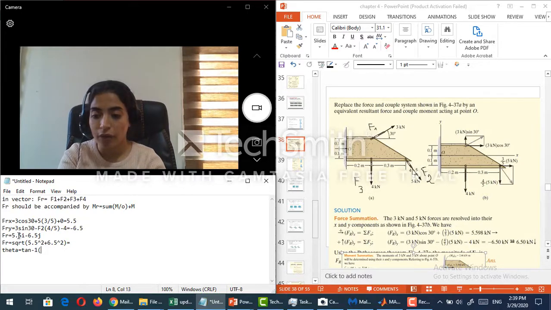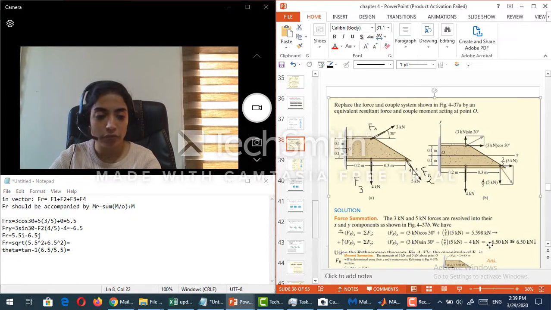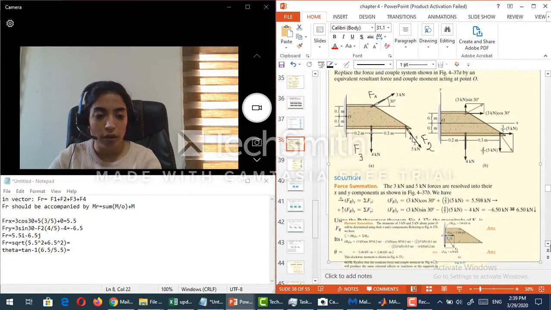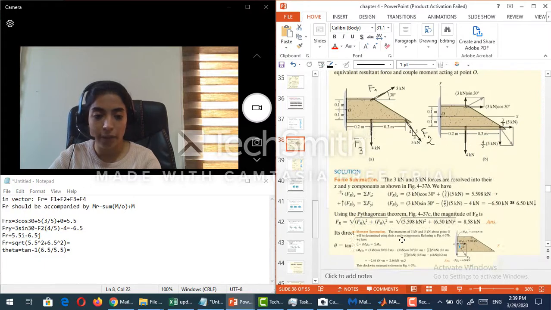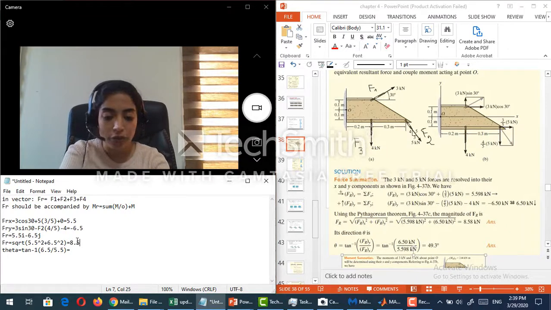Of FRY, that is 6.5, over FRX, that is 5.5. So of course I can find the magnitude and the direction. Basically the magnitude is equal to 8.58 and its direction is defined by this angle, 49.3.